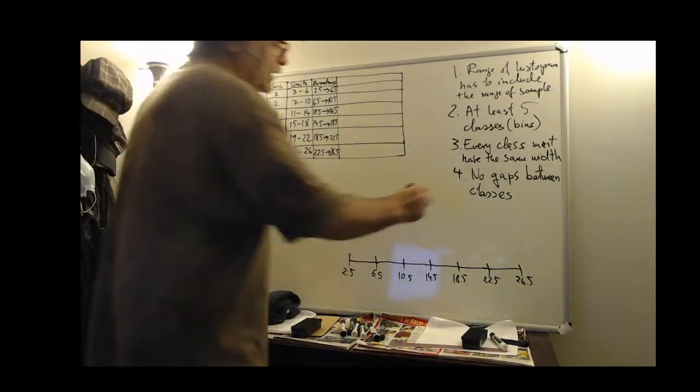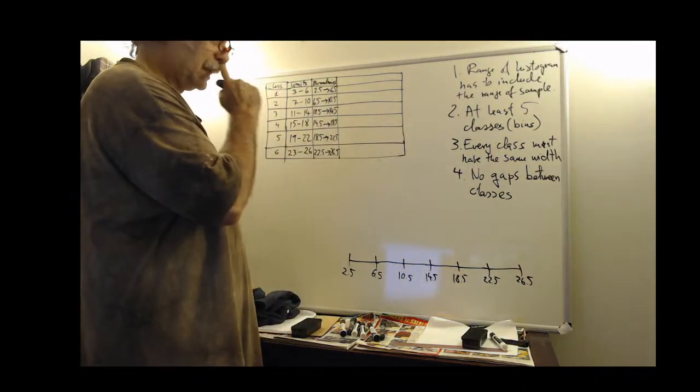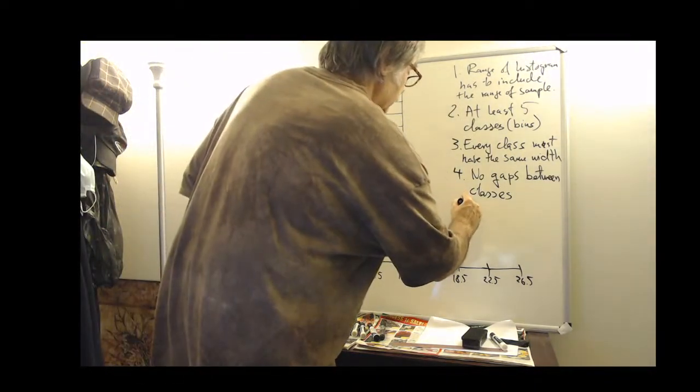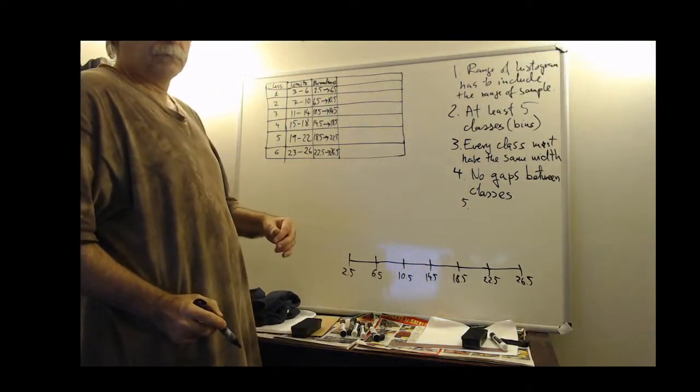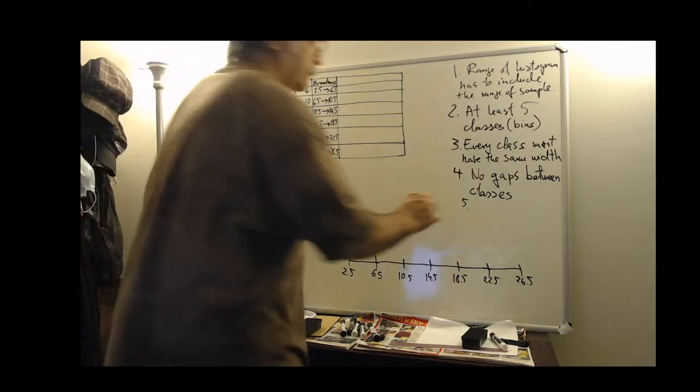Okay? What I am saying here is a very important rule, rule number 5, and I don't want to clutter the histogram with it, maybe I will not have enough space: the classes do not overlap.